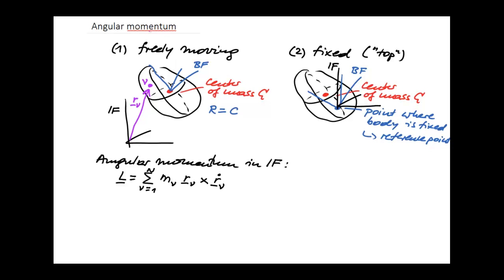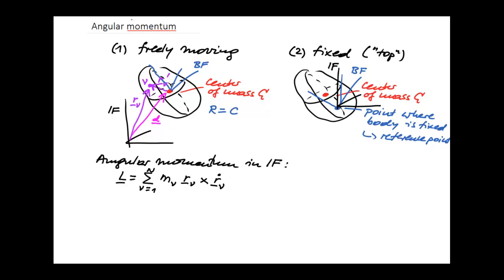Or with respect to the body fixed frame, the mass point nu has position vector r nu primed, and as before, the position of the reference point, i.e. the origin of the body fixed frame, with respect to the inertial frame is denoted by d.